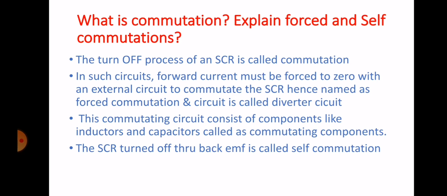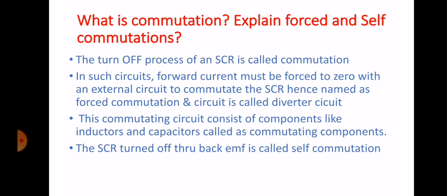This is the definition of commutation. In such a circuit, forward current must be forced to zero with an external circuit to commutate the SCR, hence named forced commutation, and the circuit is called a diverter circuit.